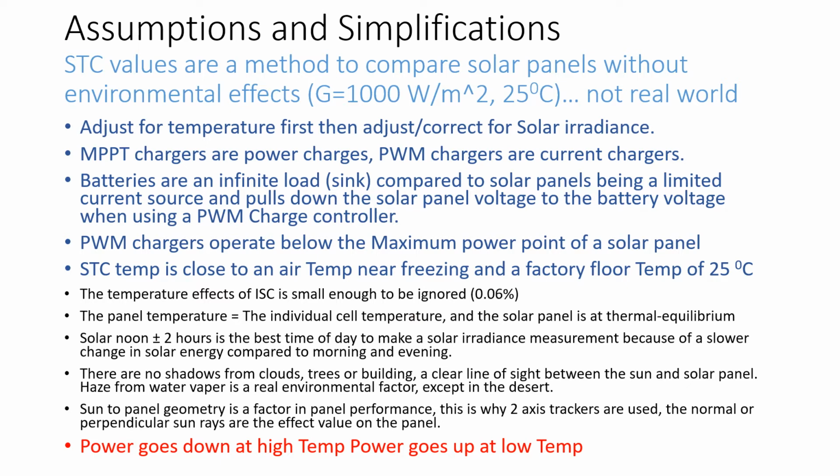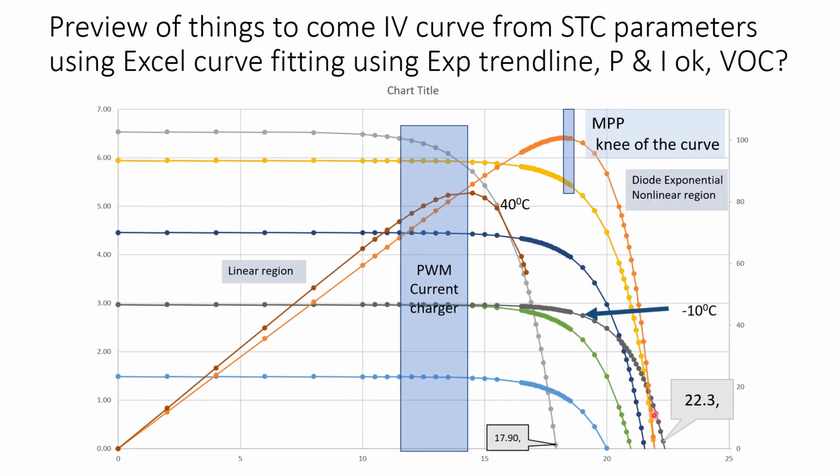Okay, let's see. Slide. Now, this is kind of a preview slide. What I've done is I took my STC values and I created an IV curve from those STC values. Used Excel curve fitting using the exponential trend line, and I solved for the various parameters you need for a solar cell model.